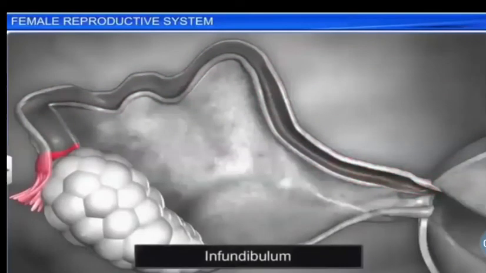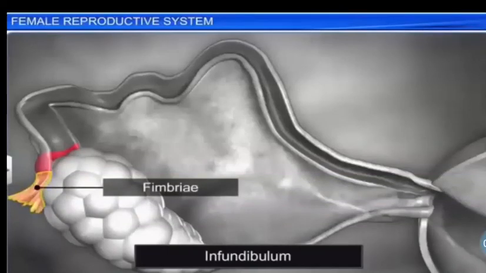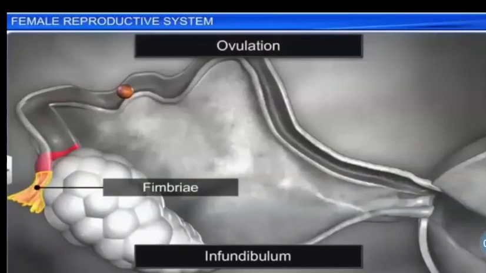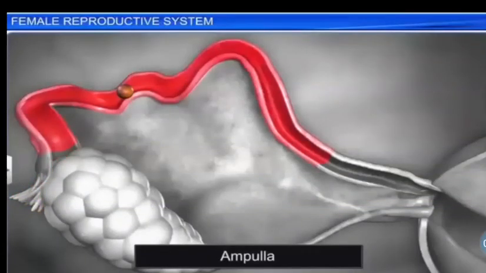The infundibulum is dilated, lies close to the ovary, and its edge is surrounded by finger-like projections called fimbriae. They help to collect the ovum and push it into the oviduct after ovulation.